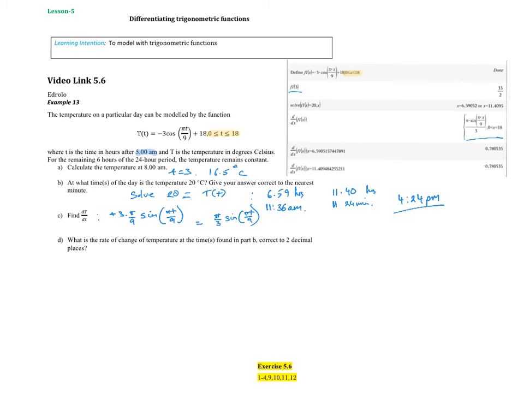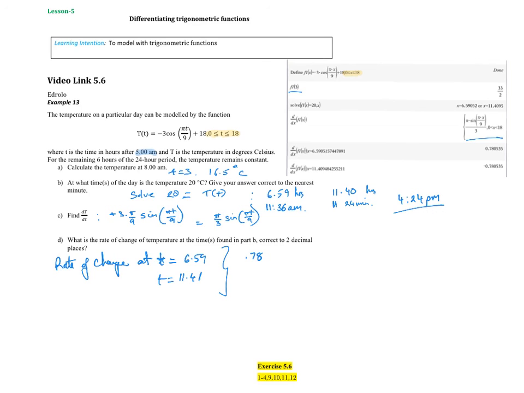What is the rate of change of temperature at the times found in part B? So the rate of change is my gradient. So what is the rate of change at t equal to 6.59 and t equal to 11.41, if you like. Respectively, we substitute that into our derivative.